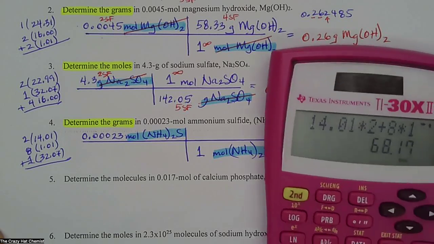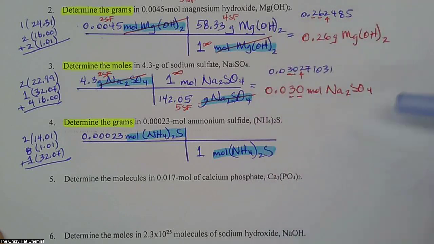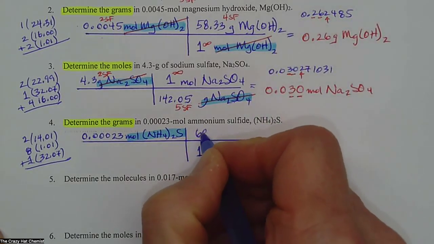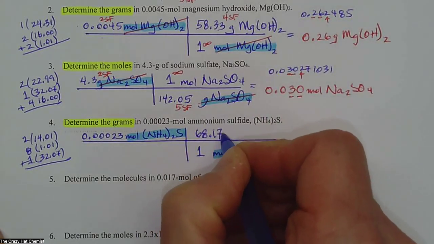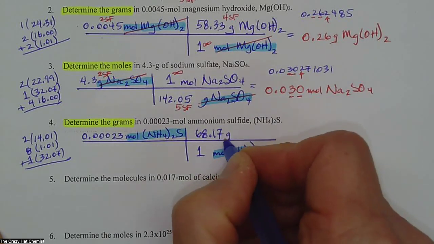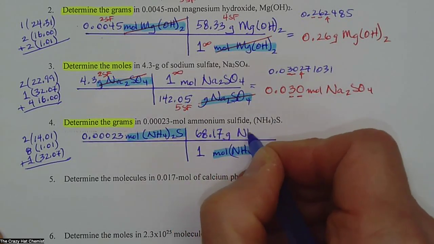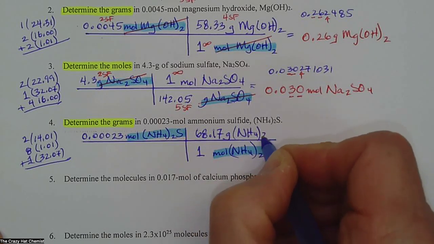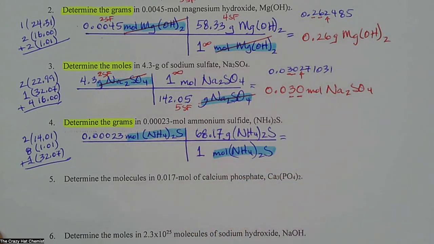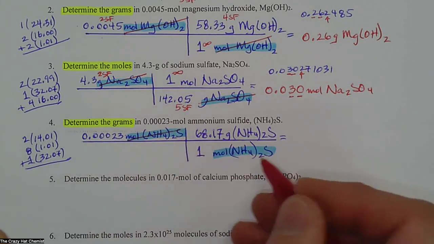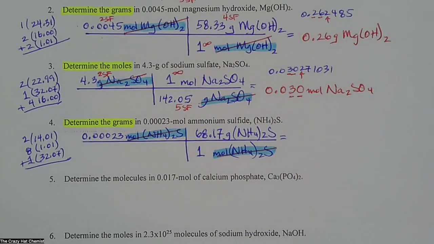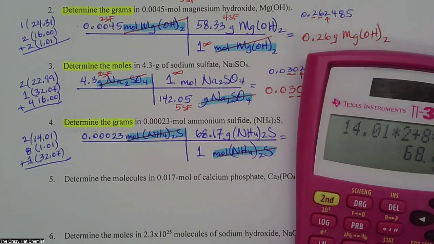We're going to get 68.17, and the units for this are grams, and then the same formula, NH4 2S. All right, you should see that the moles of ammonium sulfide cancels out, and I'm going to be left with grams of ammonium sulfide. I'm going to plug this into my calculator here.